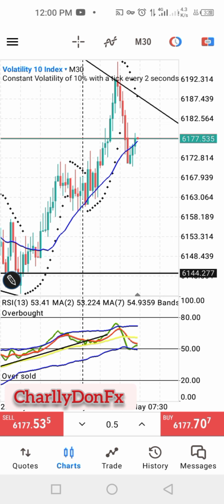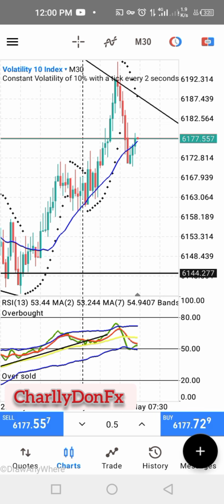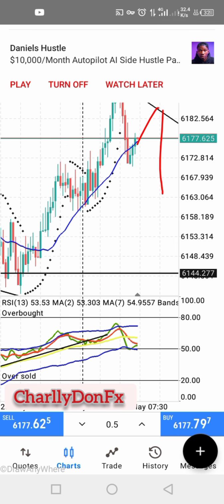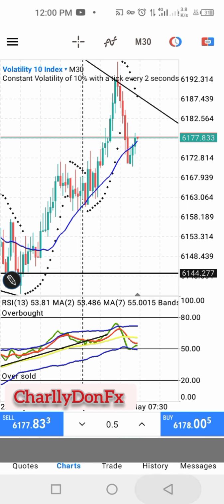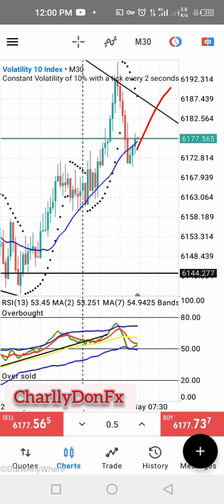And you see, so now definitely the market will hit this trend line again and start coming down, or possibly break it. After reaction here, it will break it and head up.